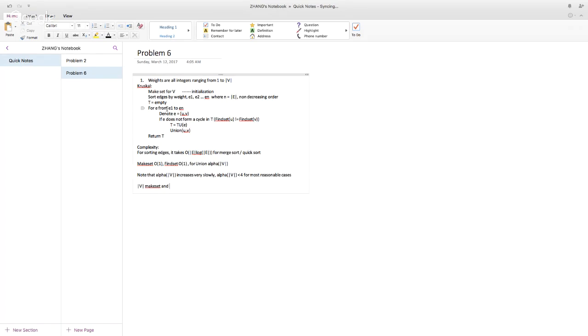And for the looping, we check each edge. For each edge, there's a find set, so there's E find set.